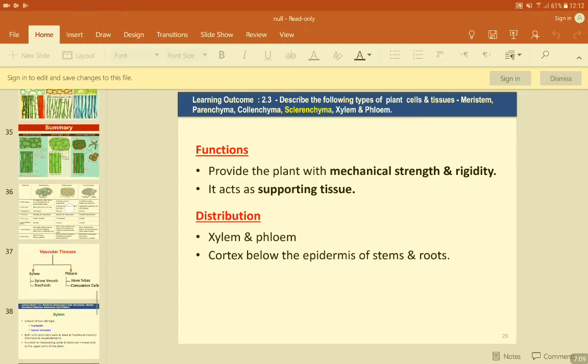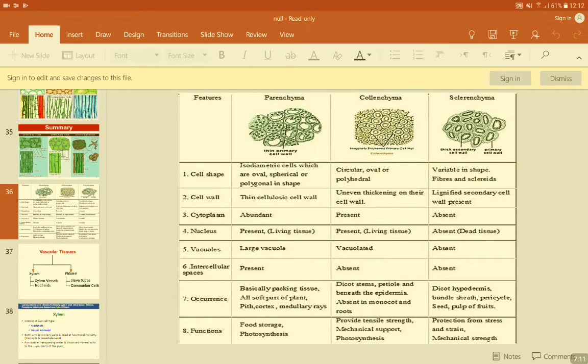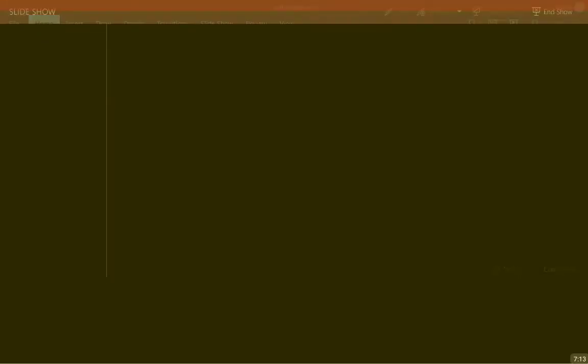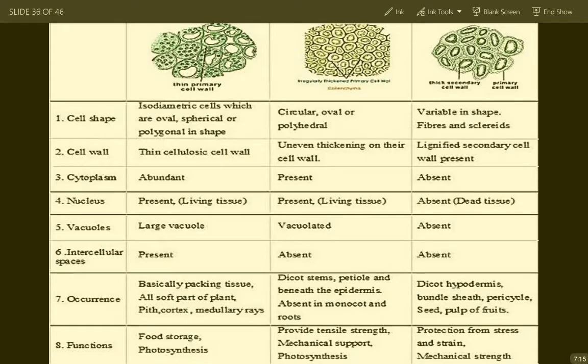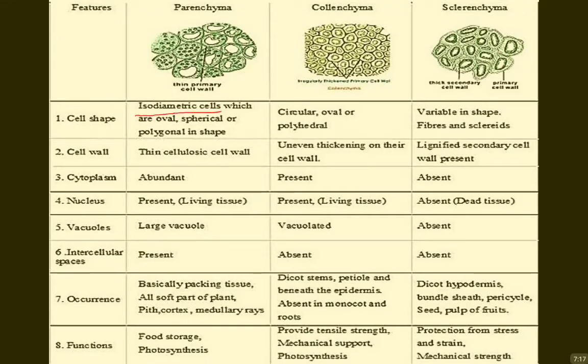So now the comparison for these three. Like just now we said isodiametric, oval shape, spherical shape, or polygonal shape. For collenchyma, circular, oval, polyhedral. Sclerenchyma, variable in shape because they have two types, fibers and sclerids.